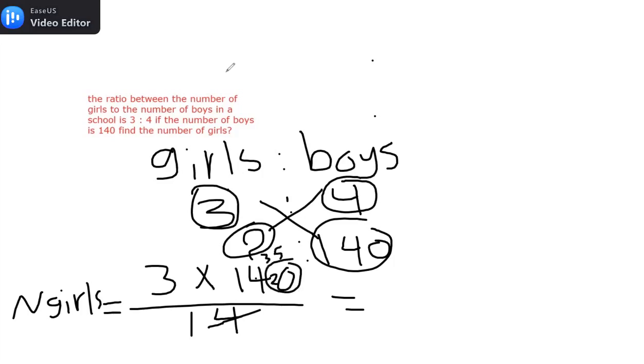So we can cancel 140 and replace it by 35 because we divided by 4. So the number of girls will be 3 times 35. Also, we can do it step by step. 3 times 5 is 15. 5 and carry 1. 3 times 3 is 9. 9 plus 1 is 10. So the answer is 105 girls.